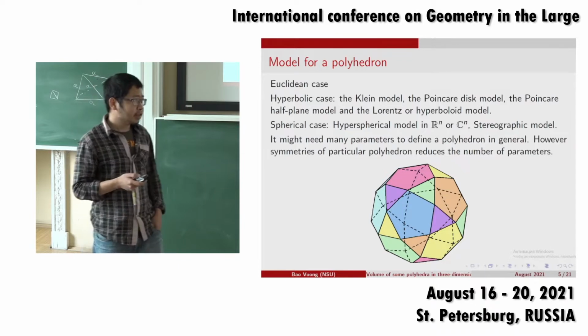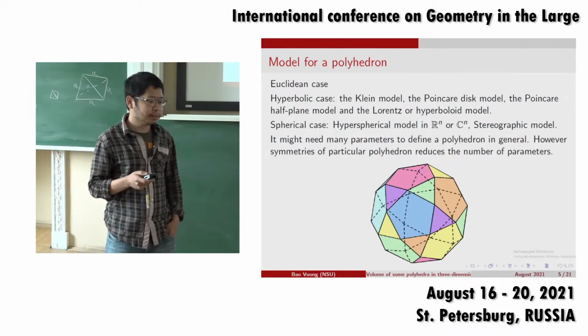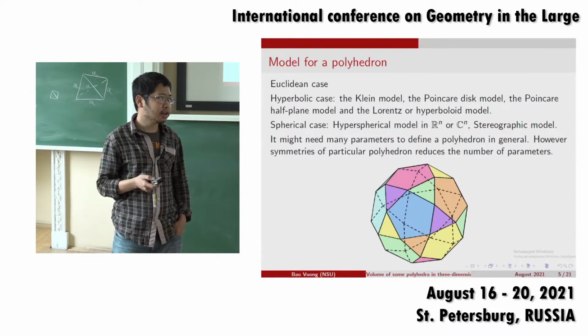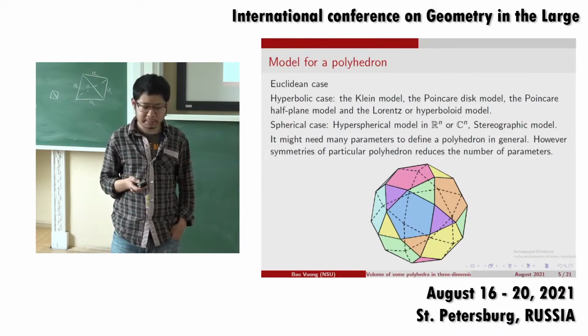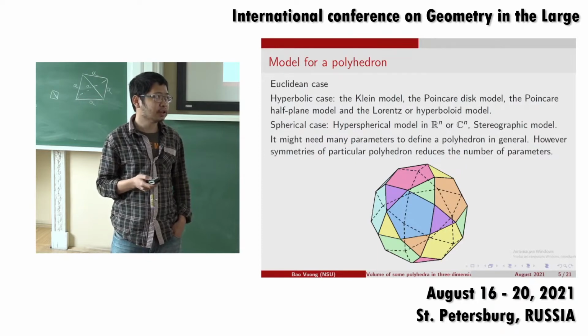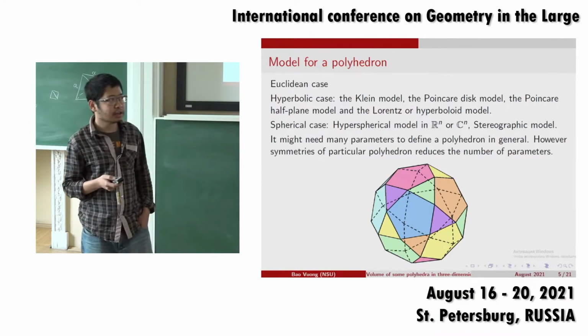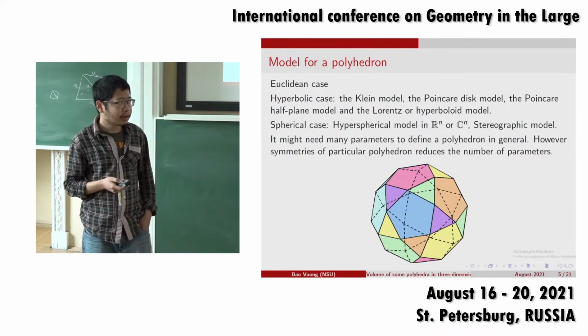But in the hyperbolic and spherical cases, we have to put it in some model. In the hyperbolic case, there are several models of hyperbolic geometry, such as the Klein model, the Poincaré disk model, the Poincaré half-plane model, and the Lorentz or hyperboloid model. For the spherical case, there are the spherical model in R^n or C^n, or the stereographic model.